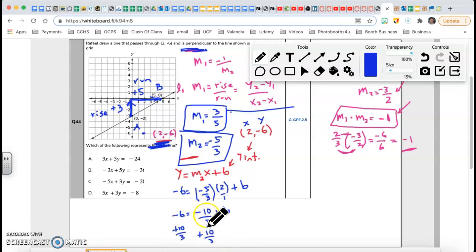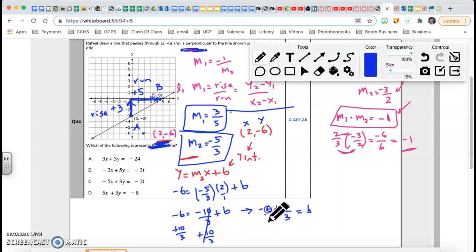Okay? The right side, that's going to cancel out. And on the left side, I have negative 6 plus 10 over 3. So I have negative 6 plus 10 over 3 equals to b. How can I add? So right now in this problem, guys, we're solving a lot of things. How can I add a fraction with a whole number?